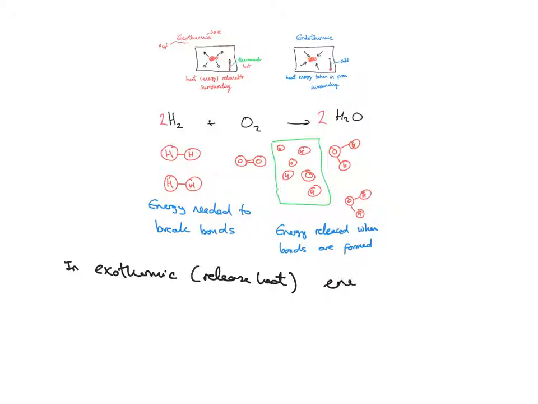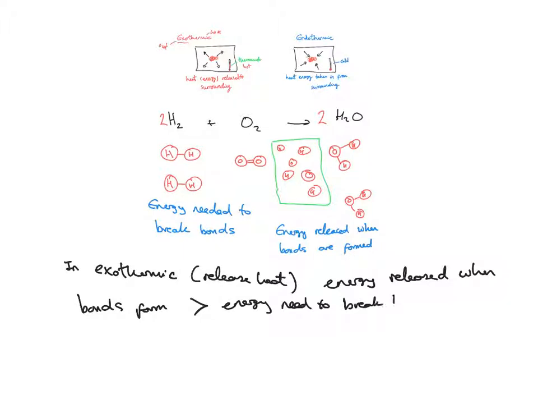The energy released when bonds form is greater than the energy needed to break bonds. So in any reaction you break bonds and you form bonds, but if it's exothermic overall, then the energy released when they form is bigger than needed to break them.